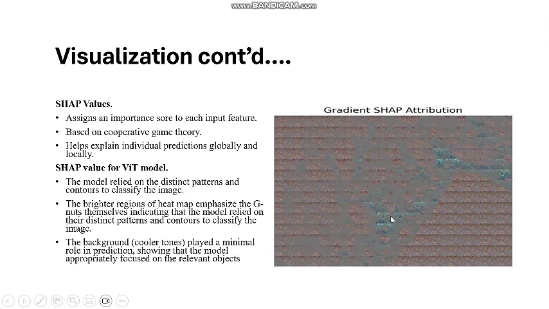The background, in the cooler tones, played a minimal role in prediction, which shows that the model appropriately focused on the relevant objects to make classification decisions. So that is what we had for you.